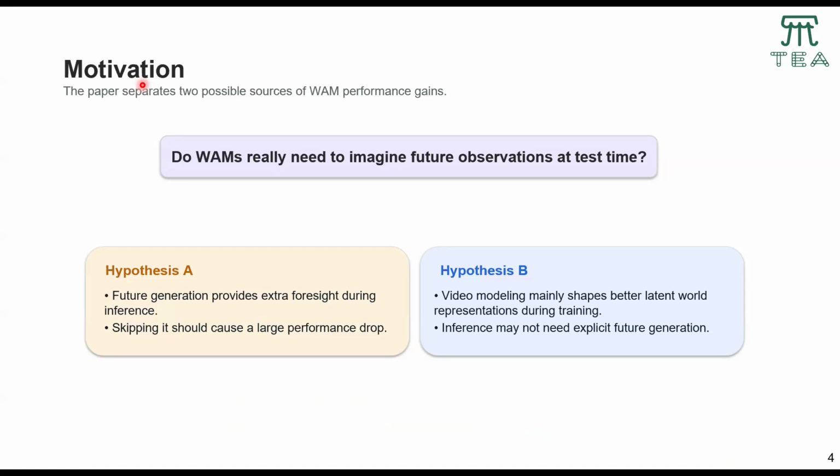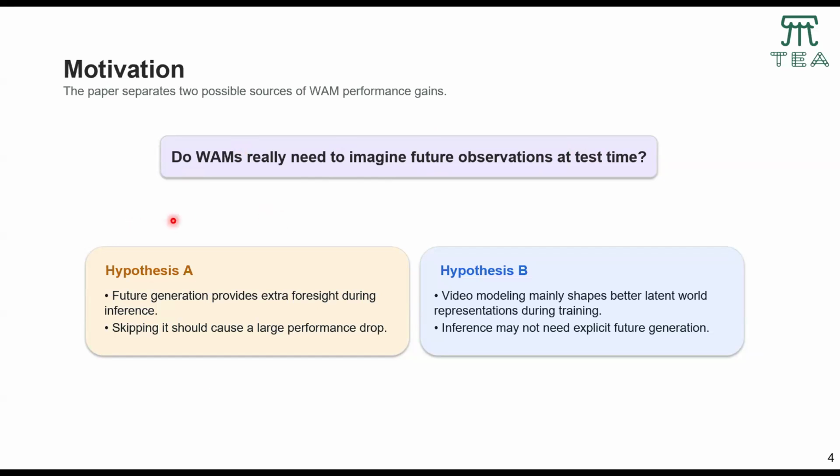So based on the above analysis, the key research question of this paper is very straightforward: do world action models really need to imagine future observation at test time? To explore this question, this paper has two hypotheses.